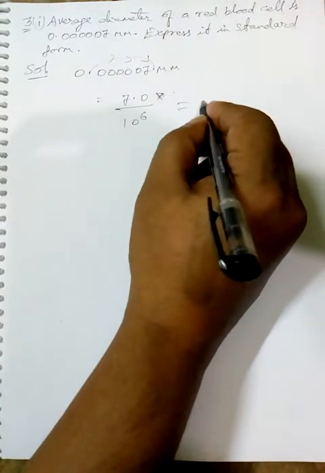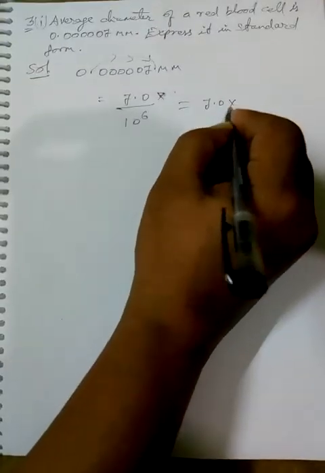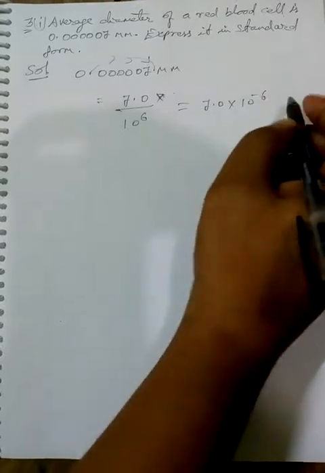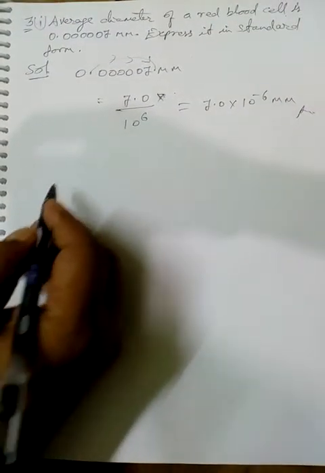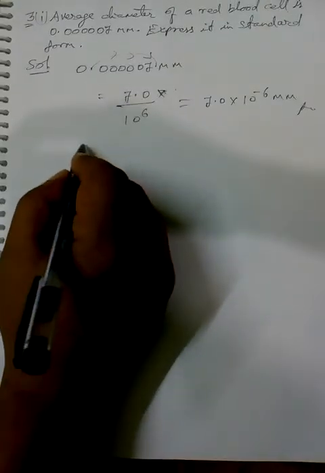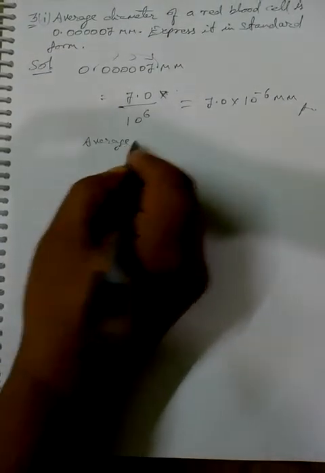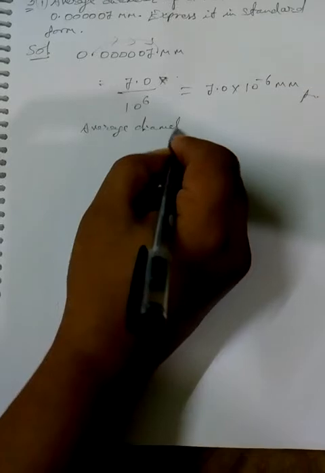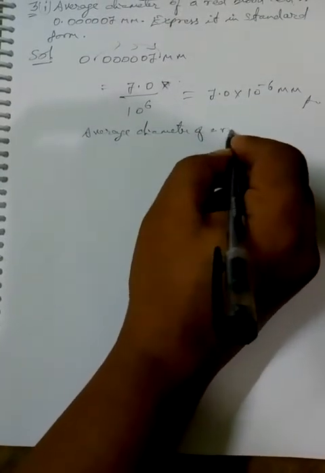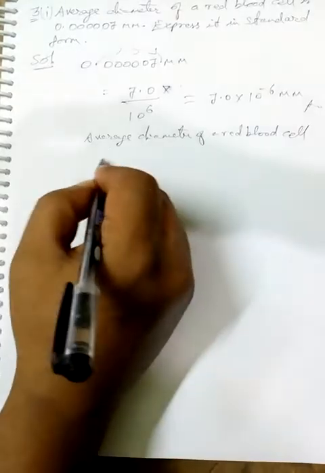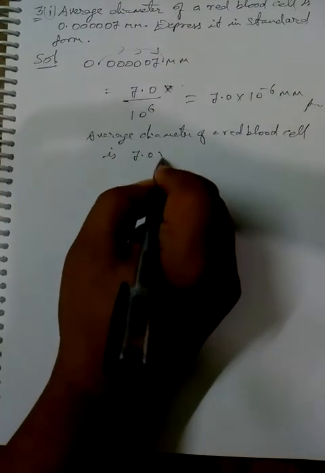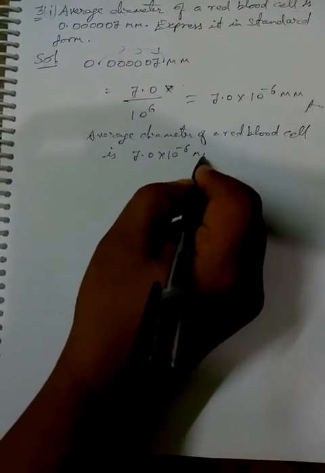This is it, 10 raised to the power 6. Now this can be written as 7.0 into 10 raised to the power minus 6 millimeter. This is the answer. You can write that the average diameter of a red blood cell is 7.0 into 10 raised to the power minus 6 millimeter.